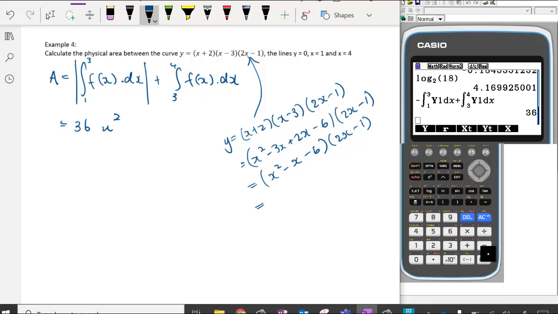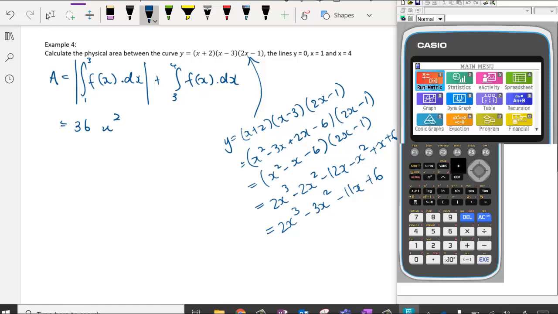And multiplying by 2x first will give us 2x cubed take 2x squared take 12x. Multiplying by negative 1 gives us take x squared plus x plus 6, and that all works out to be 2x cubed take 3x squared take 11x plus 6. And so we'd be finding the integral of this function between 3 and 1 and 4 and 3 and looking at the sum of those.